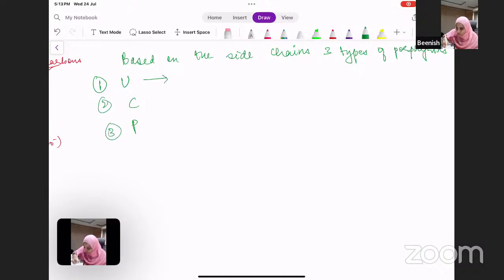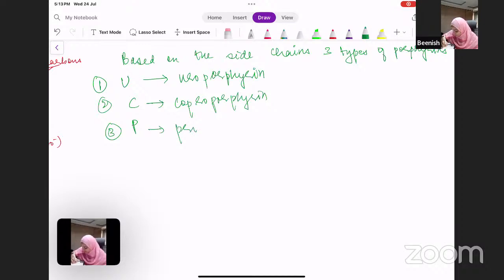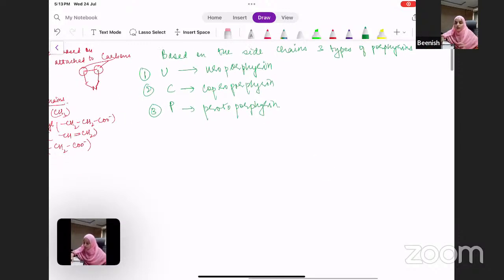Your U stands for uroporphyrin. C stands for coproporphyrin. And P stands for protoporphyrin. Okay, now let's see what is the difference between these three.